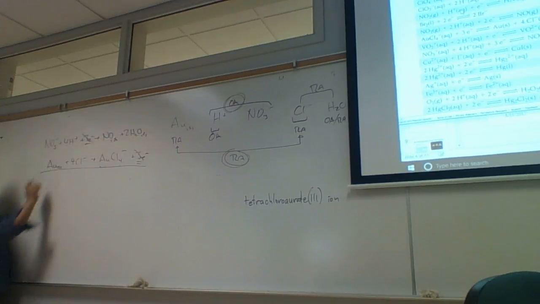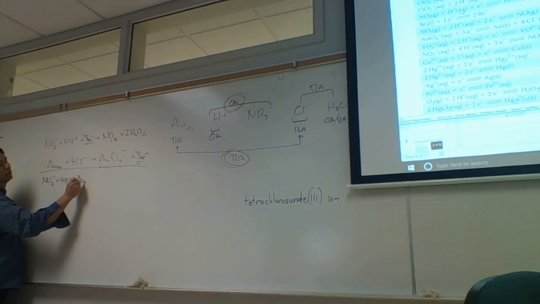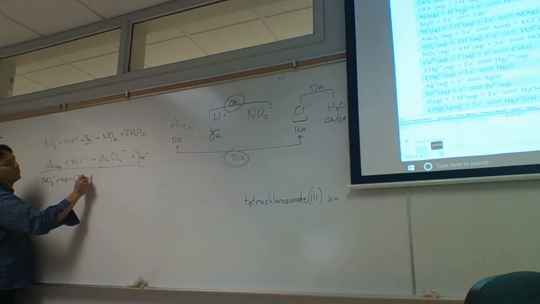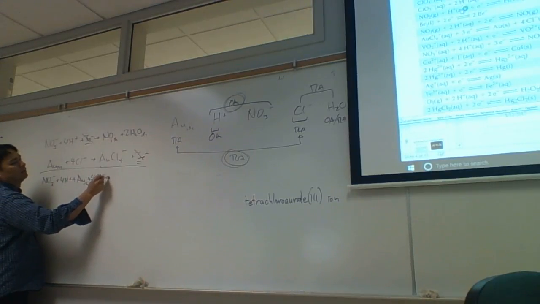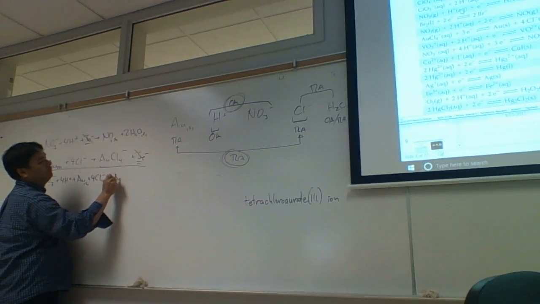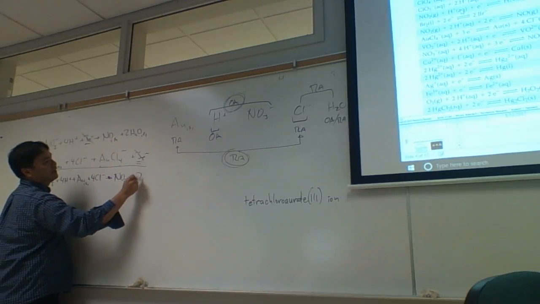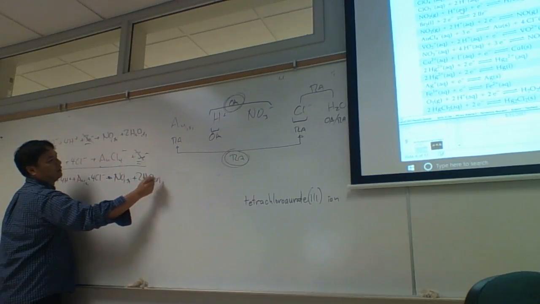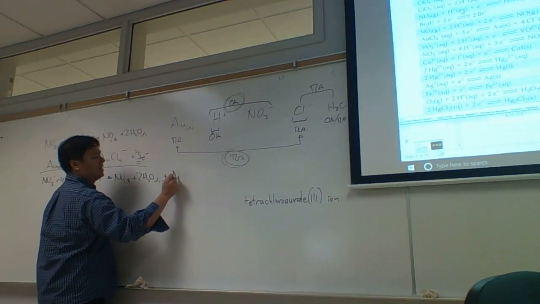We don't have to multiply by any factor again. And so the reaction here is going to be nitrate plus 4H plus gold plus 4 chlorides yields NO gas plus 2H2O liquid plus, what's the name of this?